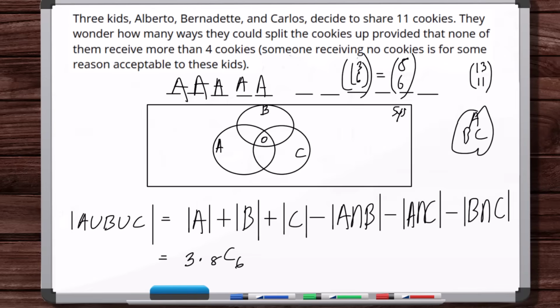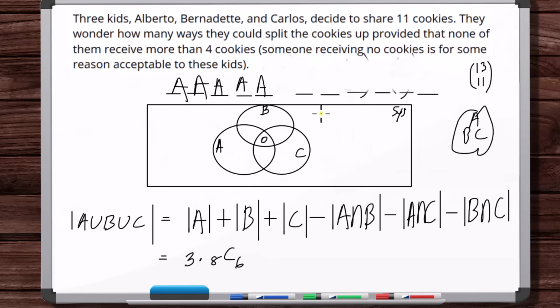Okay, great. Now, what about A intersection B? So you have Alberto and Bernadette having at least 5 cookies. Note that this accounted for Alberto having 5 cookies, but he could have had 10, could have had 11. It accounts for everything, right?